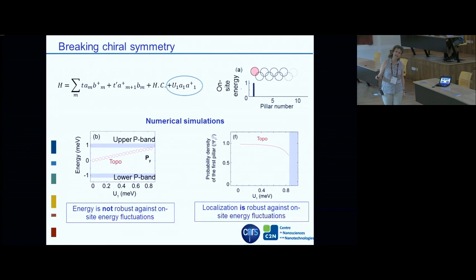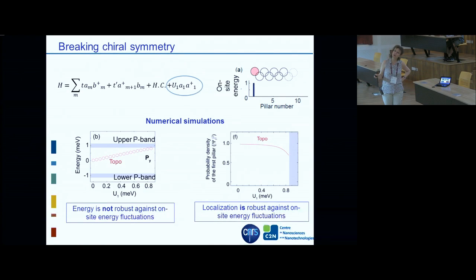And so what you see is that this is the energy of the edge state, so the topological state, as a function of the perturbation, so the potential you introduce on the first pillar. So what you see is that it actually traverses the gap. It is blue shifted and eventually merges into the bulk states of the upper P band.